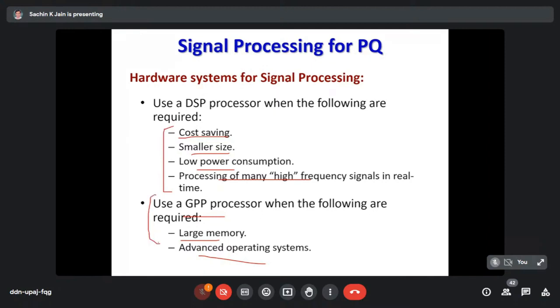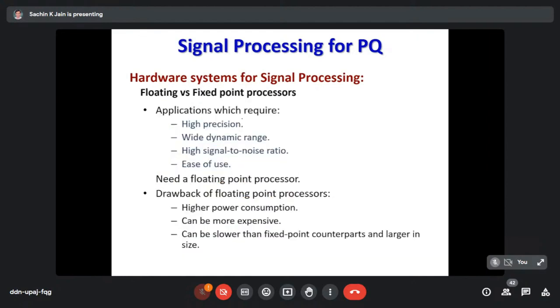But for dedicated applications, for example, developing a system for control or for power quality, voltage sag or harmonic estimation, you can use a dedicated DSP processor for implementing the Fourier transform. These algorithms are pre-built in DSP processors and are easy to implement. Now, when you are choosing, you have to choose between floating and fixed point processors, depending upon the application.